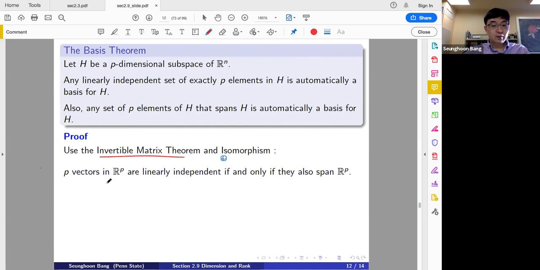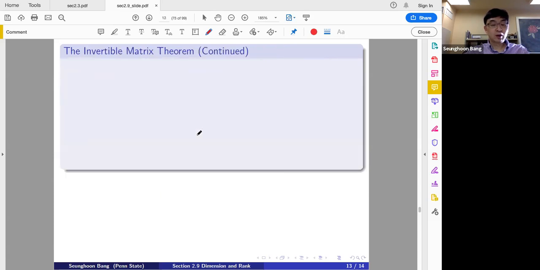The invertible matrix theorem says p vectors in R^p are linearly independent if and only if they also span R^p. You can use this kind of idea. The p-dimensional subspace is also isomorphic to R^p. The invertible matrix theorem continues.